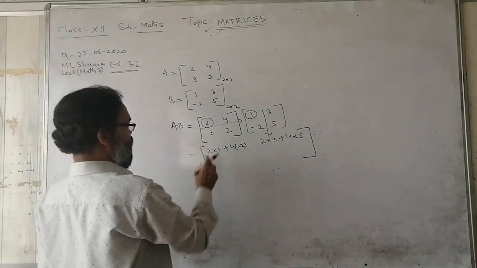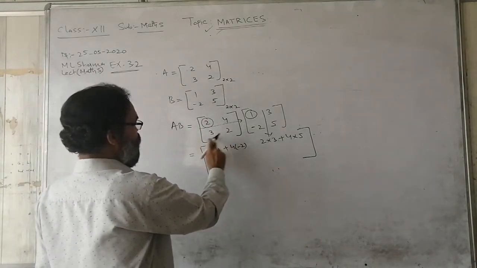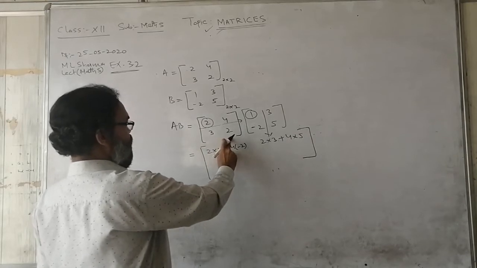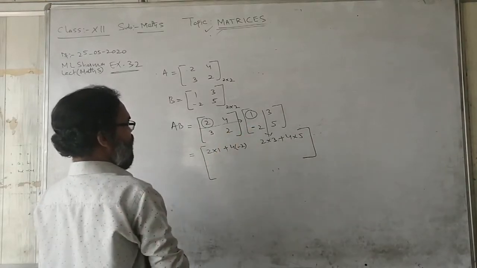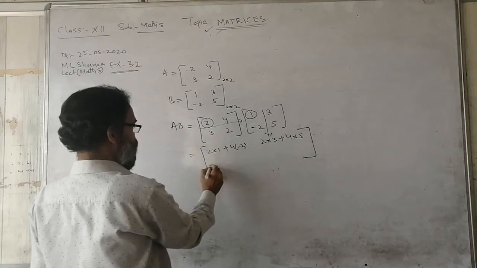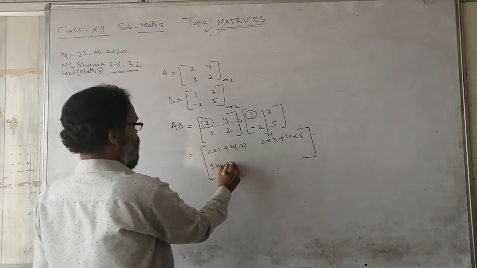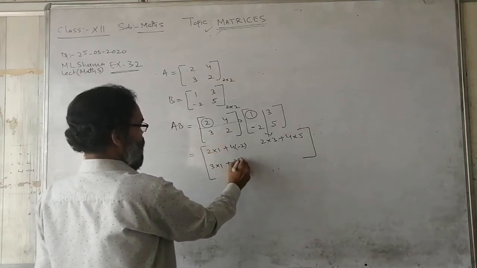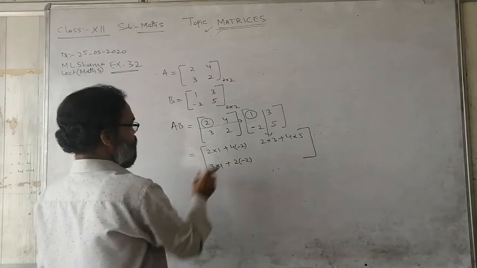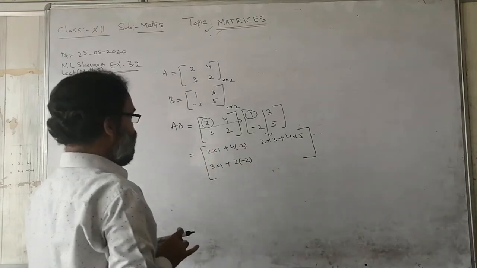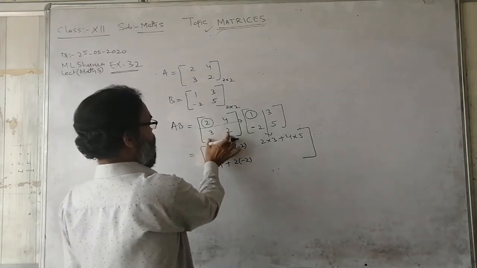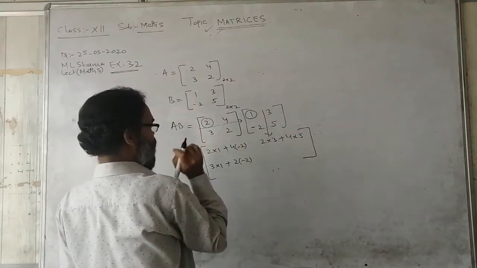Then for the second row, R2 is to be multiplied by column C1 elements. So 3 into 1 plus 2 into minus 2. Then R2 elements are to be multiplied by column C2 elements.